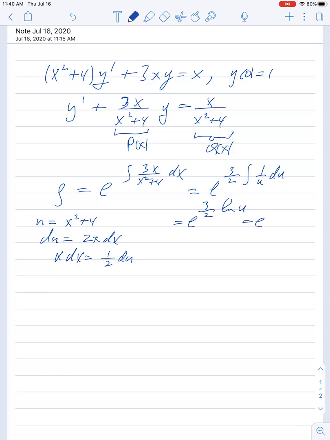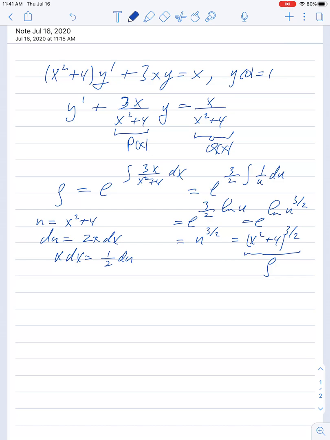This will be exponential logarithm u power 3/2, and finally this is u power 3/2. Now remember what is u. We have x squared plus 4 power 3/2. This is our integrating factor.